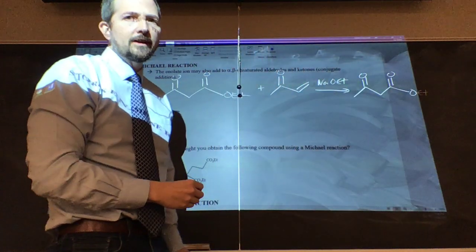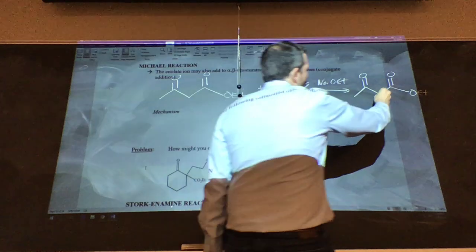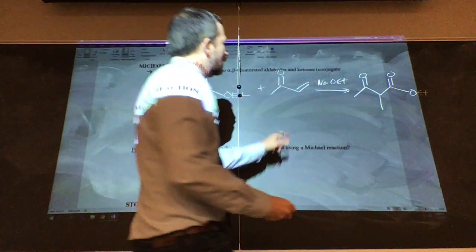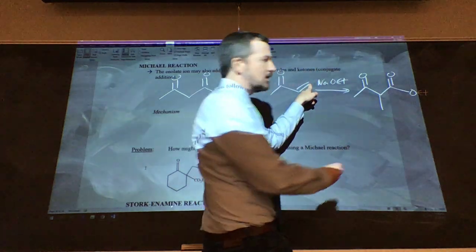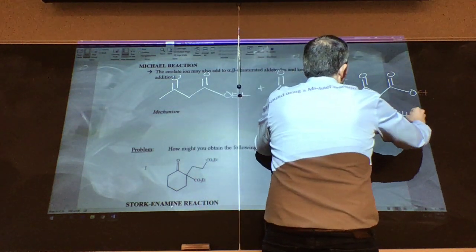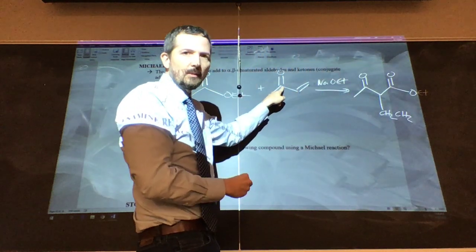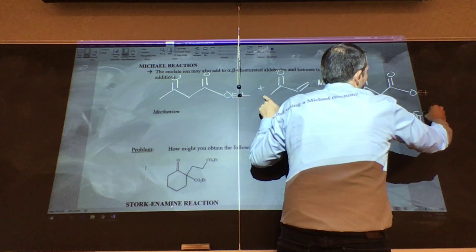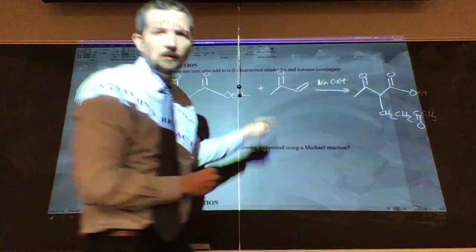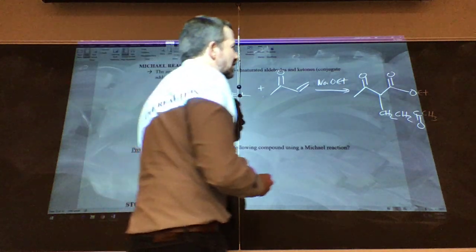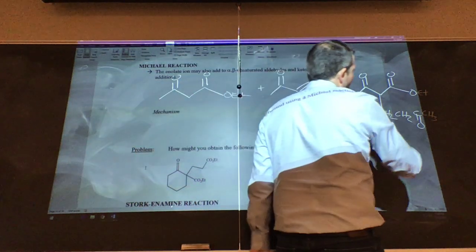I'm going to go ahead and draw this out. So here's my alpha position, and it attaches to the beta position here. So that'd be a CH2, CH2, then my C double bond O, CH3. I did a condensed structure there.